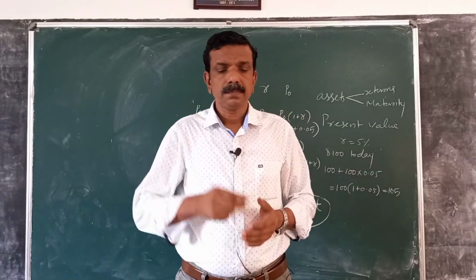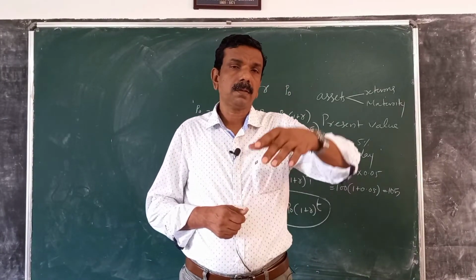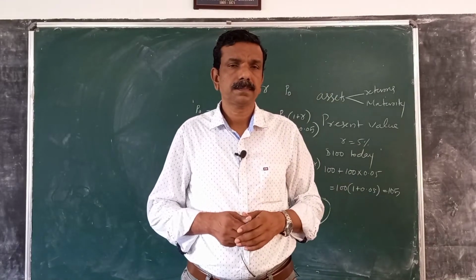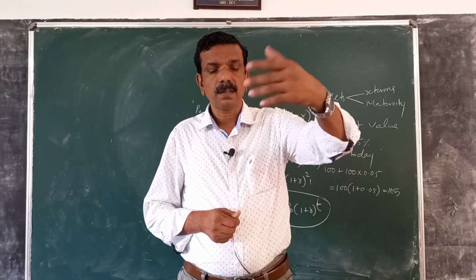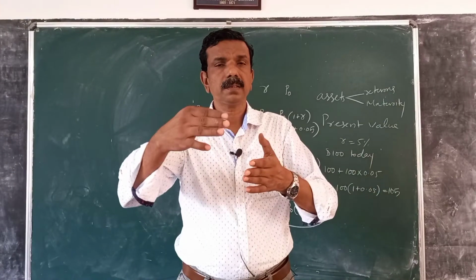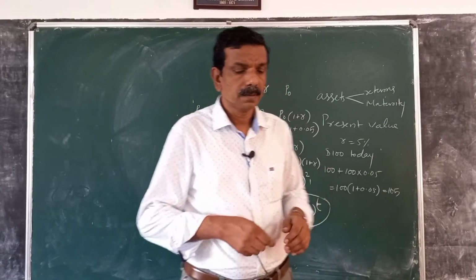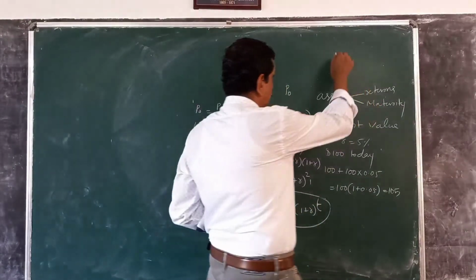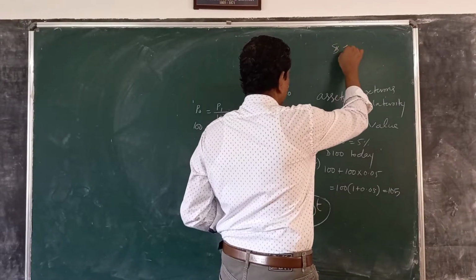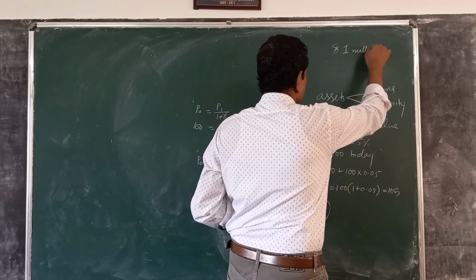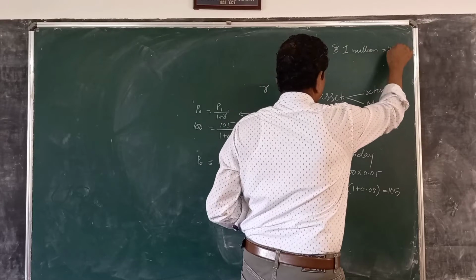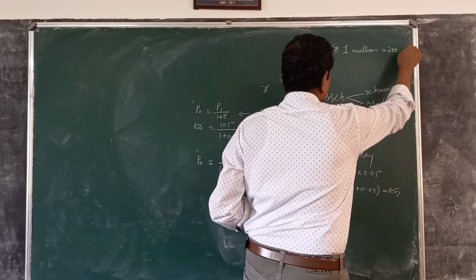Now, a claim to be collected far in the future has very little present value. For example, if you have $1 million collected after 200 years, it has no value at all.